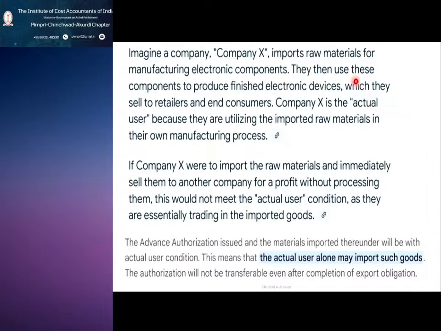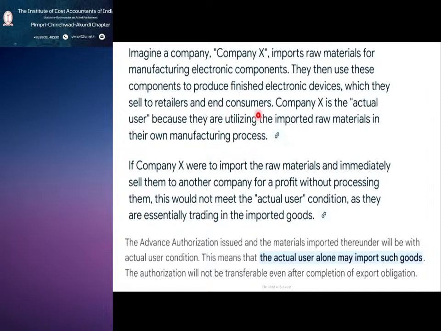They then use these components to produce finished electronic devices which they sell to the retailers and end customers. Company X is the actual user because they are utilizing the imported raw materials in their own manufacturing process.